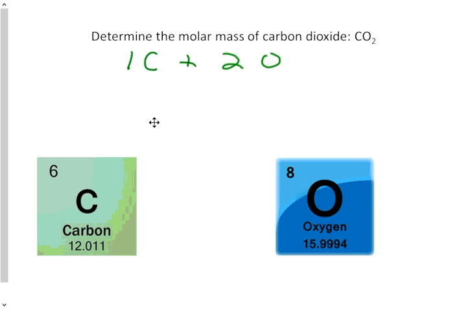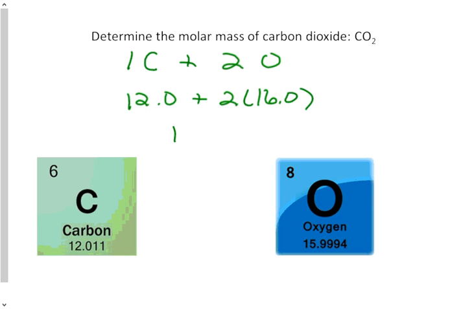So let's go ahead and do the molar mass of this. So I'm going to take the mass of 1 carbon. We'll take 12.0. We'll just keep it out to the 10th place today. Plus 2 times 16.0 for oxygen.